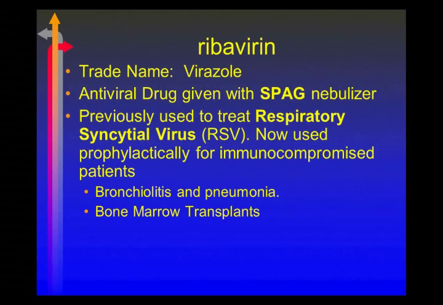They'll end up using this drug with a SPAG to treat those infections. So bottom line is the majority of the time you'll never see this used unless you're working in a transplant center with immunocompromised patients. Remember, with immunocompromised patients, what ordinarily our body would naturally fight off, they can't.